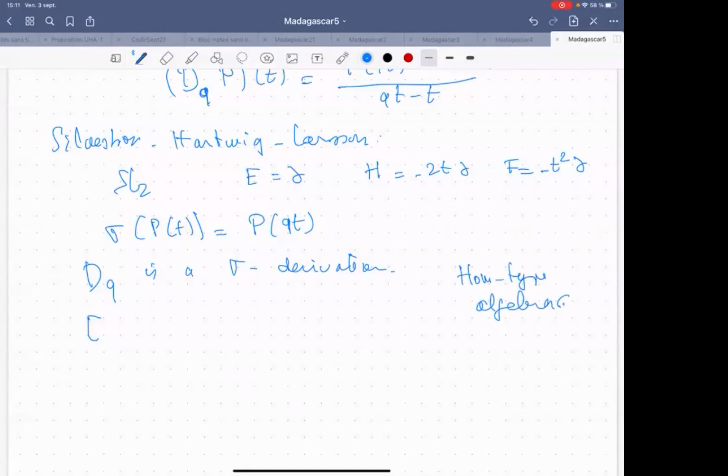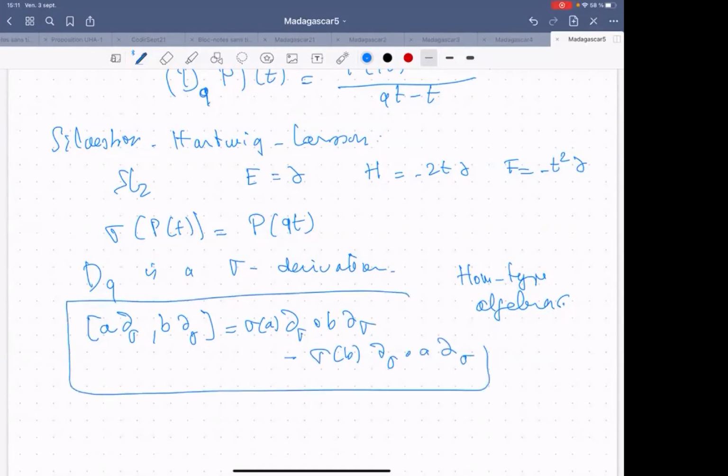Let me just show you how the commutator is constructed in this work. This is sigma of A D_sigma composed with B D_sigma minus sigma of B D_sigma composed with A D_sigma. We have to twist this commutator, and this is the twisted commutator with the sigma derivation.